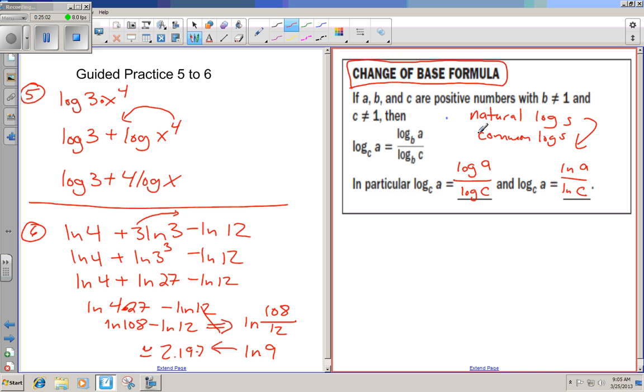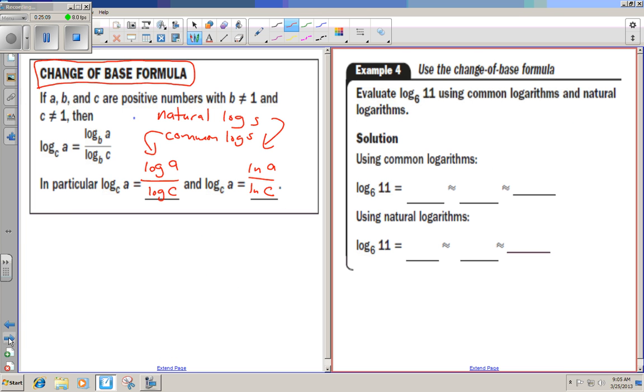Those are natural logs, this is a common log, to evaluate some of this stuff. So I shouldn't have to do too many of these. Right here, evaluate log base 6 of 11 using common logarithms. Well, with common logarithms, you take the log of the big number and then you divide by the log of the little number, or the base.